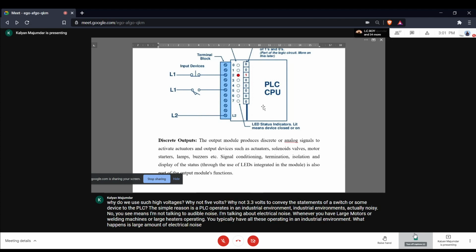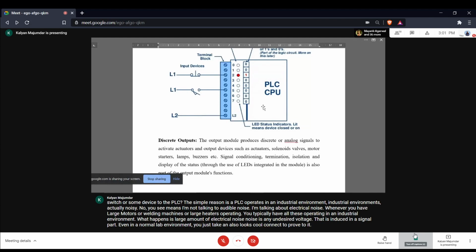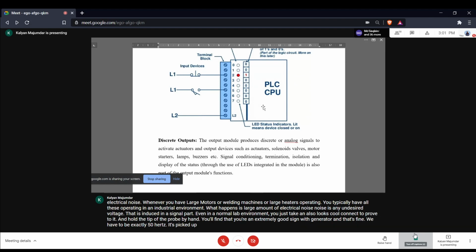Noise is any undesired voltage that is induced in a signal path. Even in a normal lab environment, you just take an oscilloscope, connect a probe to it, and hold the tip of the probe by your hand. You'll find that you're an extremely good sine wave generator, and that sine wave happens to be exactly 50 hertz. It's picked up from the neighborhood power supply lines, but you'd be surprised that you generate a wonderful 50 hertz waveform.